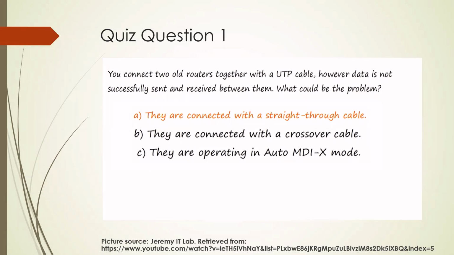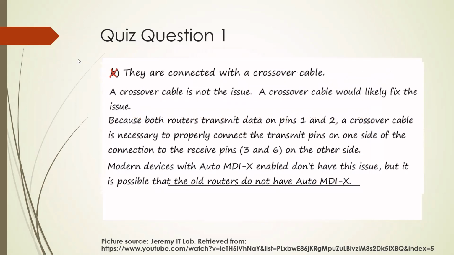Now, why do we have it as A? If you had picked B, they are connected with a crossover cable, the crossover cable is not the issue. The crossover cable would likely fix the issue because both routers are similar devices. They transmit data on pins 1 and 2.